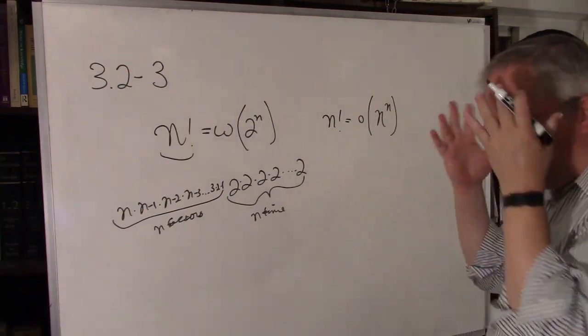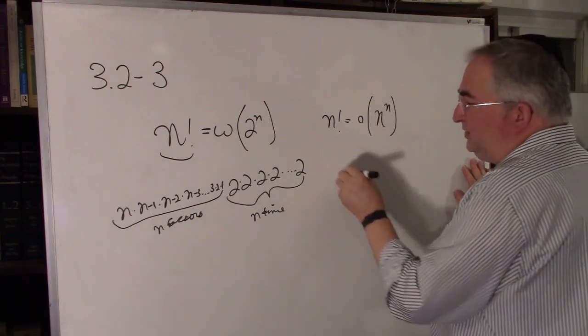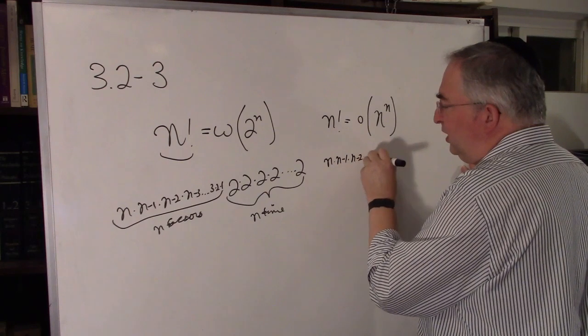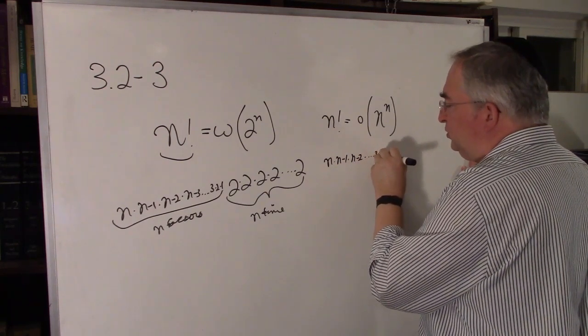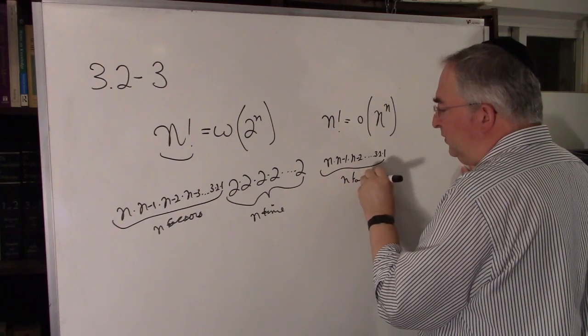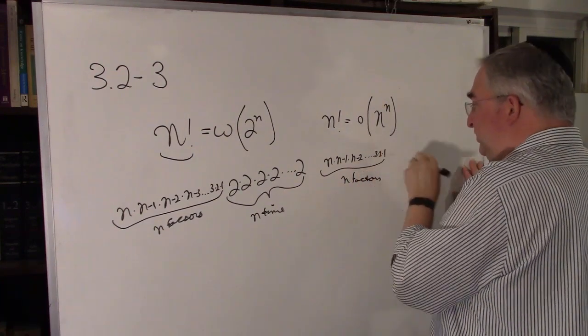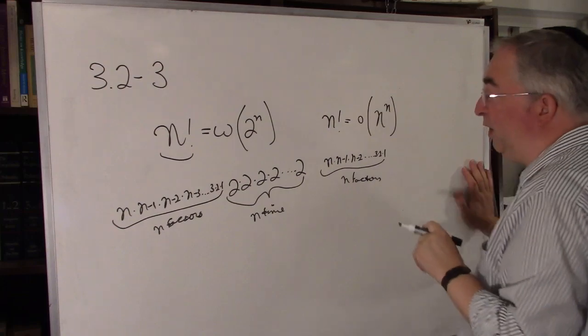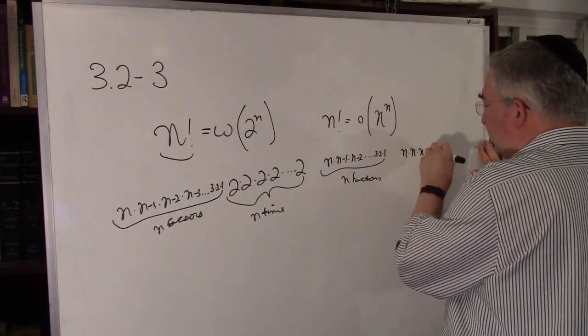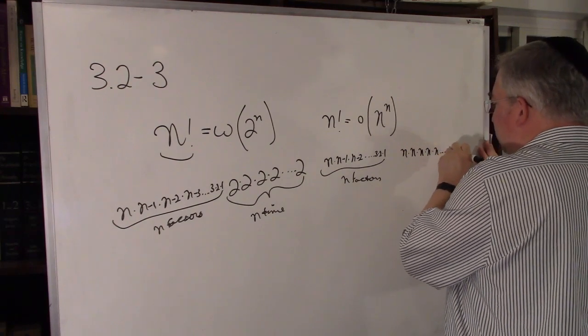Let's see why. It's the same intuition. This is n times n minus 1 times n minus 2 times ... times 3 times 2 times 1. This has n factors. In contrast, this has n factors too. Here are what the n factors are: n times n times n times n times n times n.